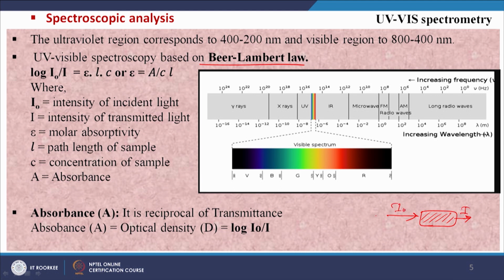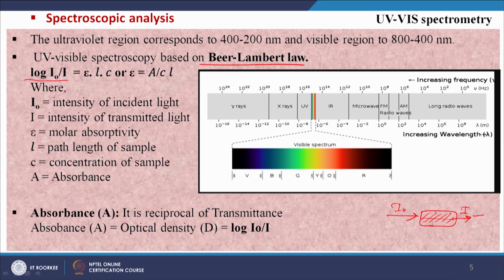Here we have more intensity, here we have less intensity, and log of I0 by I is proportional to the path length and the concentration of the element present in it.